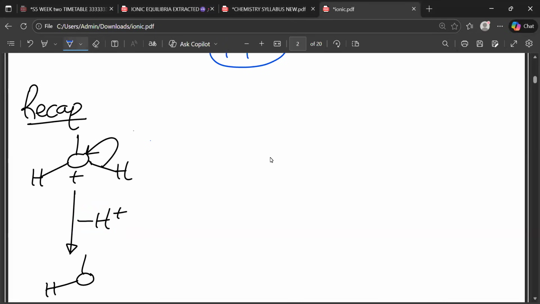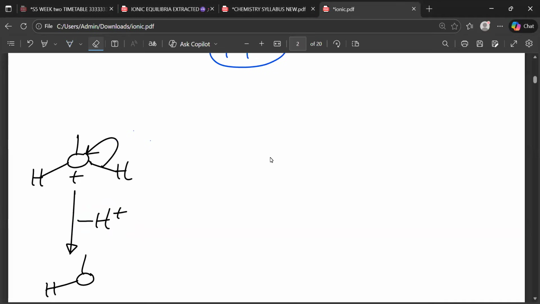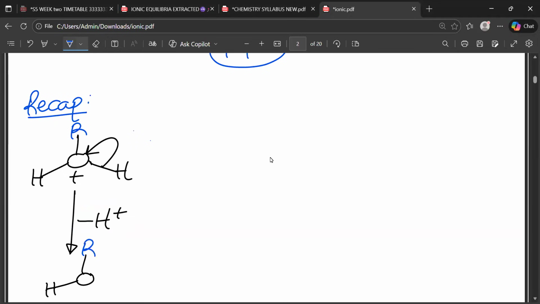Maybe I can say this was any group. If I don't put anything, who can tell me? You write it in the chat. That was our group R. How is this one called?